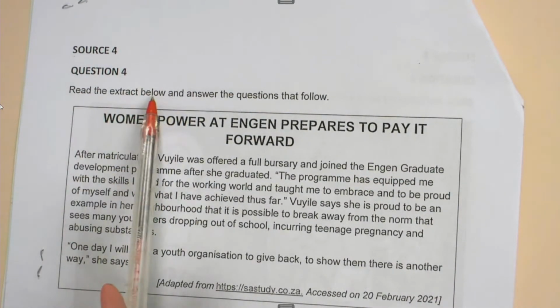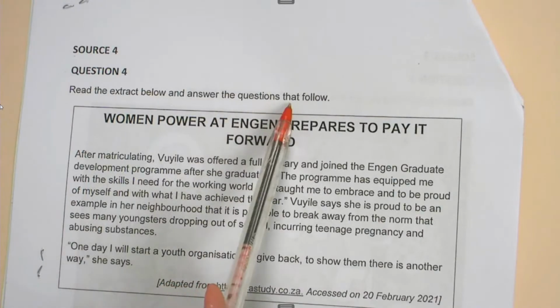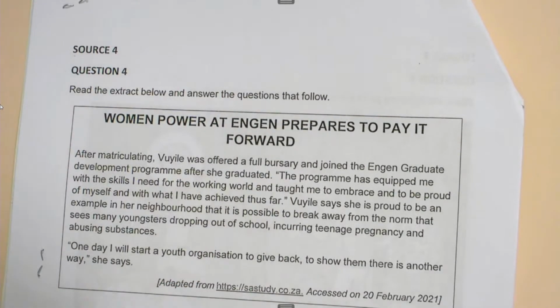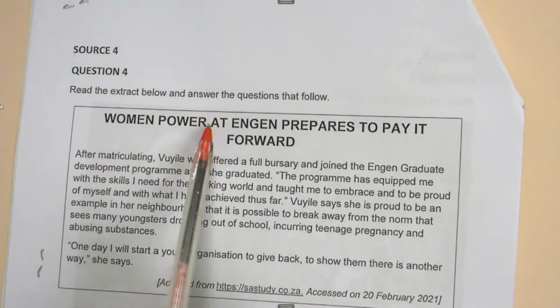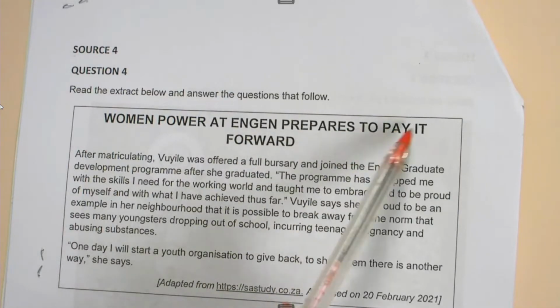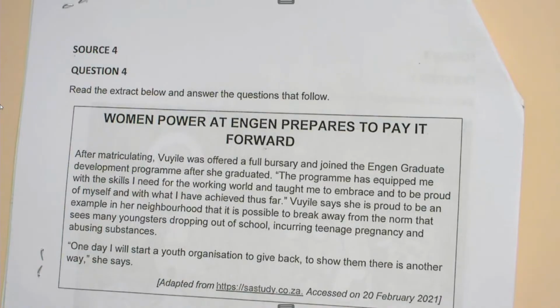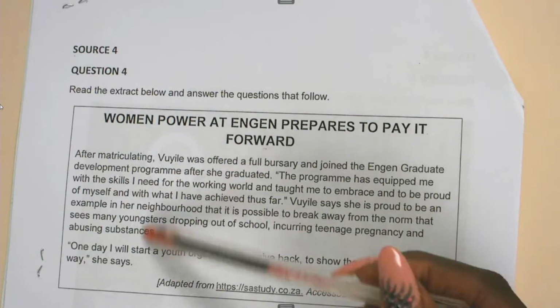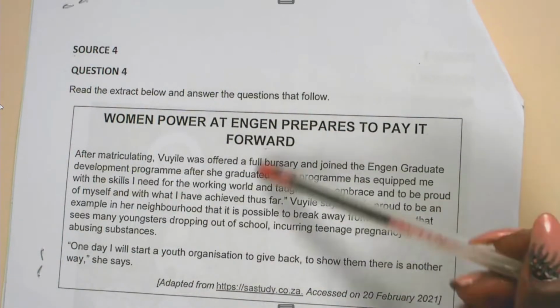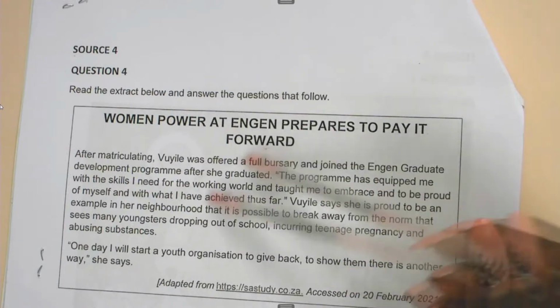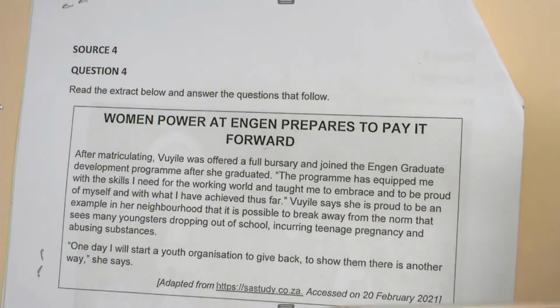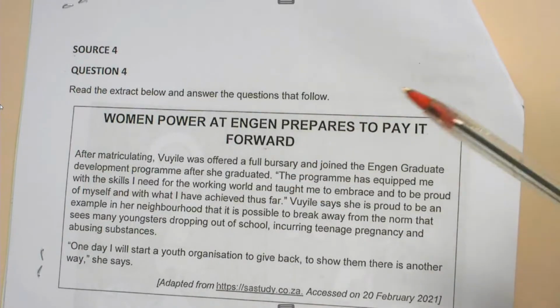Read the extract below and answer the questions that follow. Women Power at Engine prepares to pay it forward. It means, as a teacher also, you are going to read the extract. After reading the extract, the learners also have to read the extract, because they were supposed to go and research.